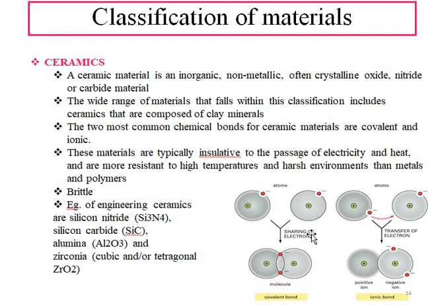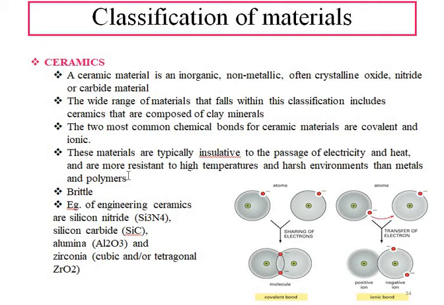Coming back to our subject, let us see the nature and other things of these ceramic bondings. These materials are typically insulative to the passage of electricity and heat, and are more resistant to high temperature and harsh environments than metals and polymers.